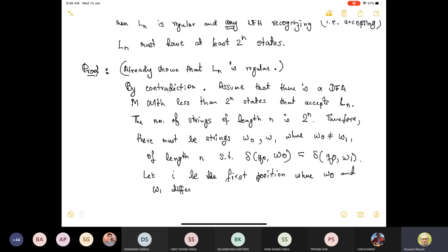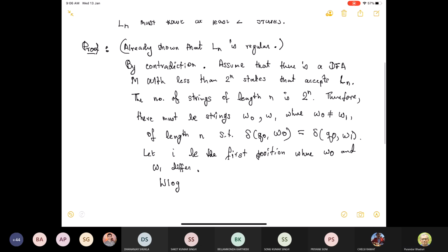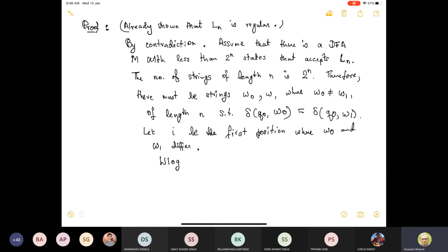And let the first such position from the left be I. And without loss of generality, we can assume that W0 has 0 in the ith position, and W1 has 1.